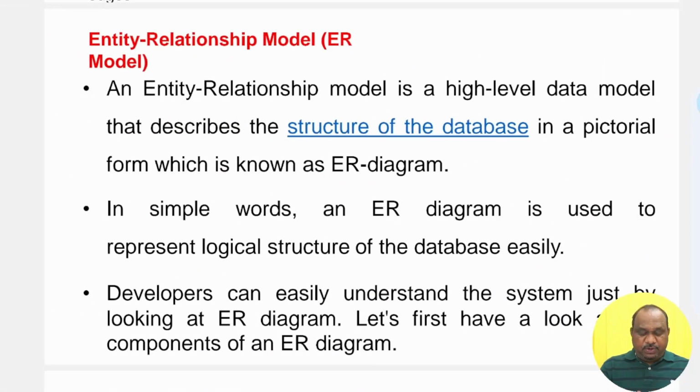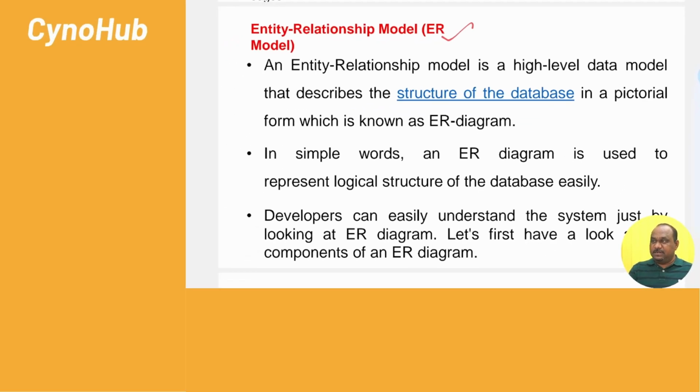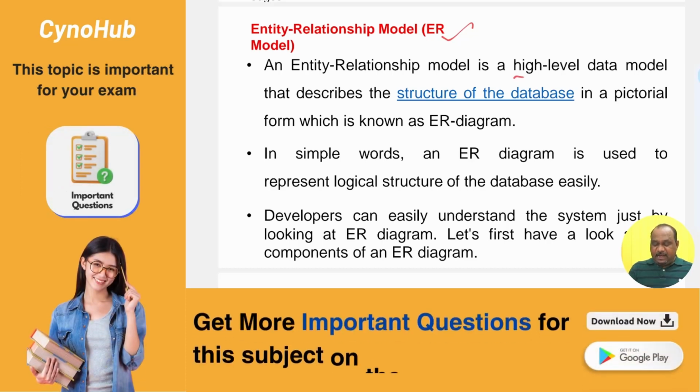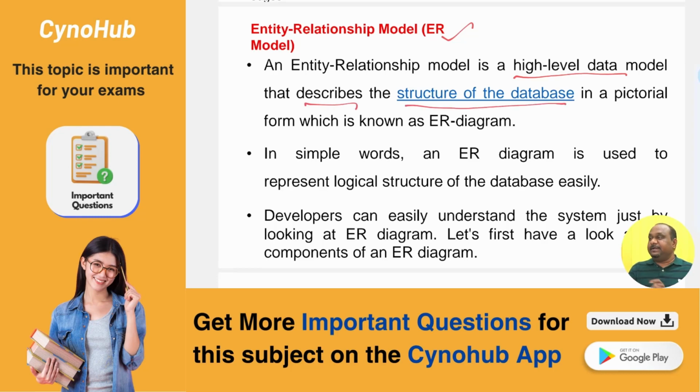Next, coming to the ER model, meaning the entity relationship model. This is a well-known and very widely used model in database management systems. It's a high-level data model. It describes the structure of the entire database in a pictorial, diagrammatic manner.